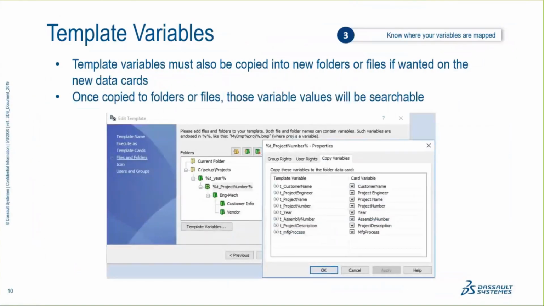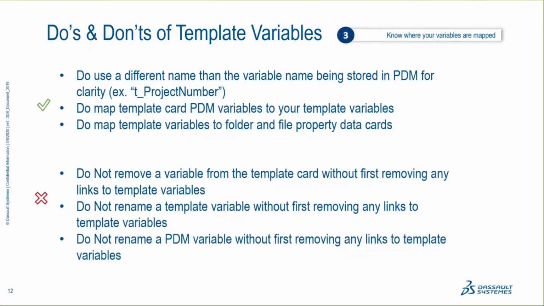So we talked about the template variables. We talked about needing to copy those to the folder itself and how important it is to know where those variables are being mapped. Some of the do's and don'ts of template variables: make sure that you have a different name just to keep it clear in your mind. That clarity is really important, especially when you're working with so many different variables and different templates.